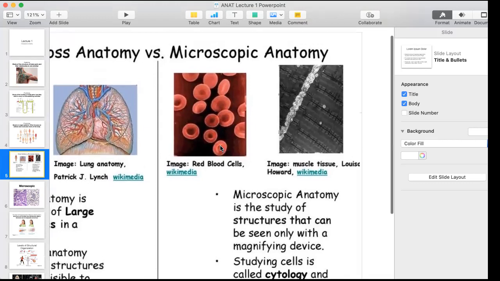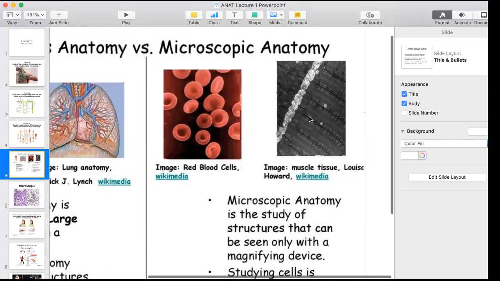One of these is called the scanning electron microscope, which actually creates high detail surface images of microscopic components. Like here, we see these red blood cells are highly detailed, even though you can't see inside of them.